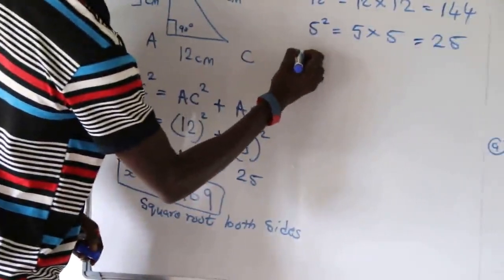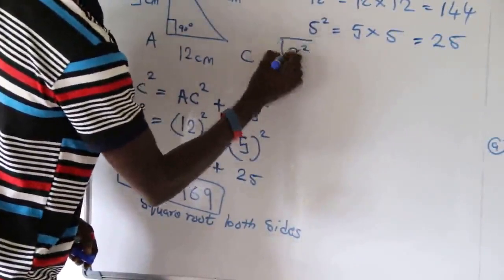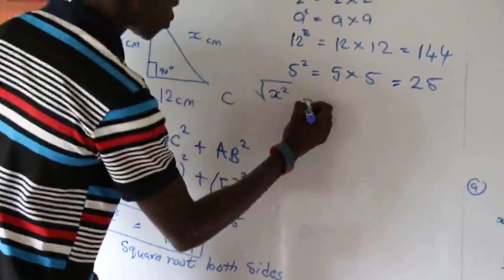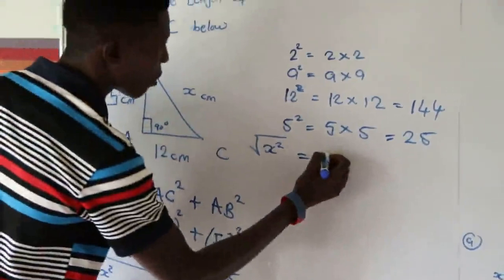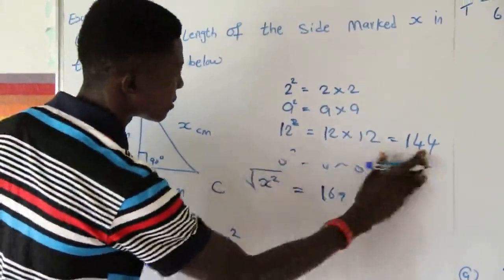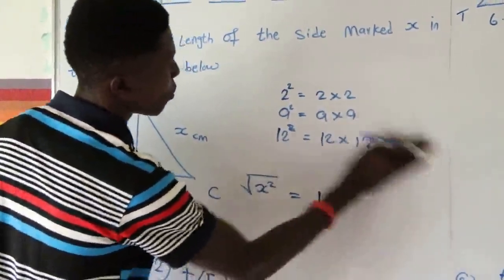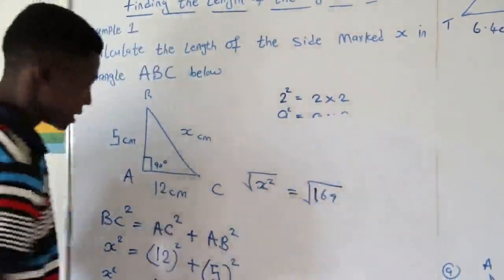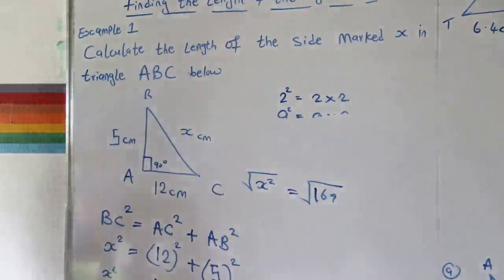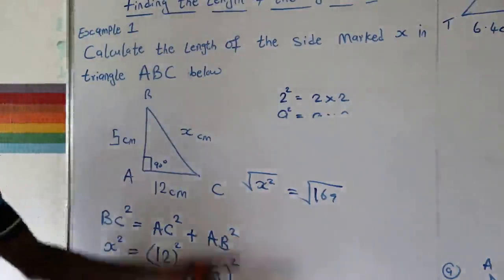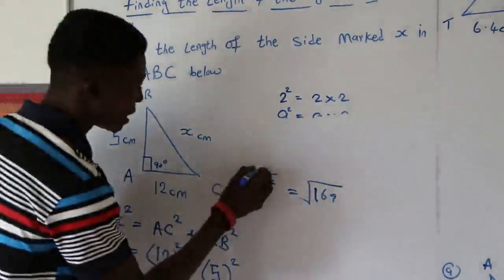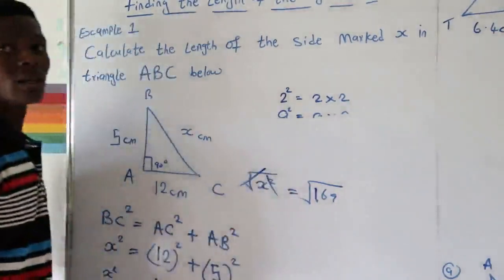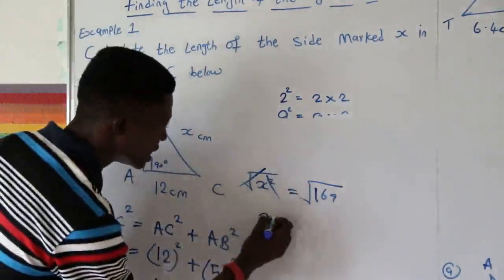Here we have our x squared, then we square root it, is equal to our 169. We are also going to square root it. Remember the statement says square root both sides, because the square root will cancel the square here. Then we'll be left with only x.